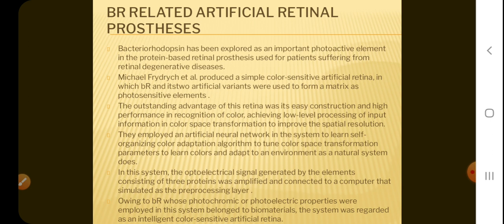Okay, so in this system, the optoelectrical signal is generated by the elements consisting of the 3 proteins. Now, what are these 3 proteins? One is bacteriorhodopsin and the other 2 are photosensitive artificial variants. These 3 proteins will generate an optoelectrical signal which is amplified, and this amplification is recorded by a computer that is stimulated as a pre-processing layer.